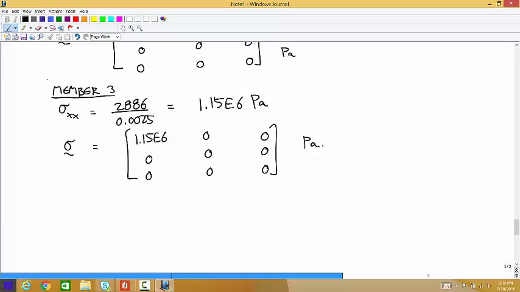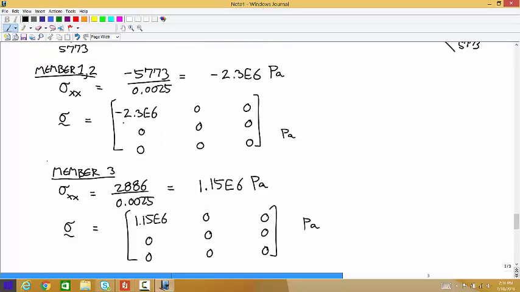And then who can do the principal stress tensor in their head? This one you should be able to do. Neither of these have any shear stresses, so it's already a principal stress tensor. And so that means that what axis would you rotate these around to get the stress tensor with the maximum shear stress?